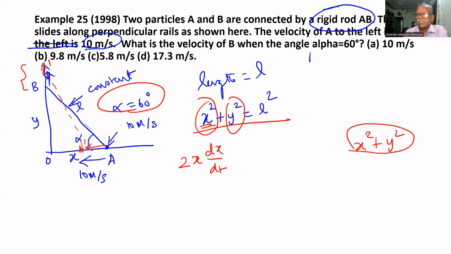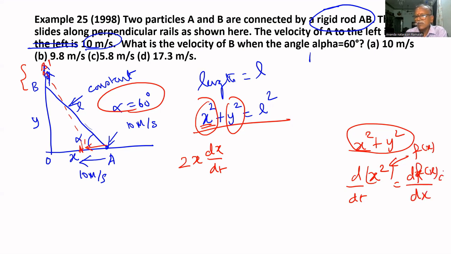It is not directly possible, since t is nowhere involved. So let us assume that x square is a function of x. First differentiate the function of x with respect to x, then multiply by dx by dt. Like that, if you differentiate this with respect to t, I directly write 2x dx by dt.